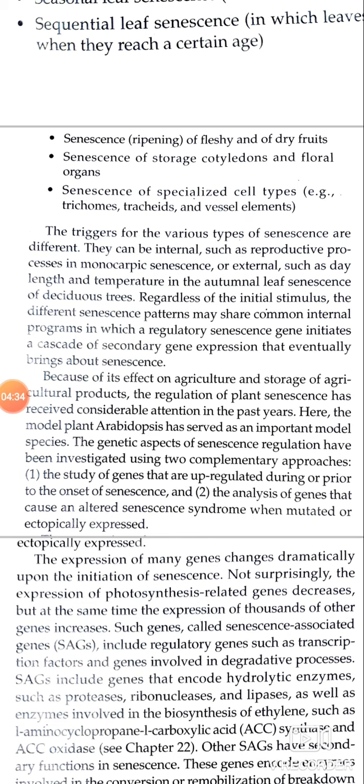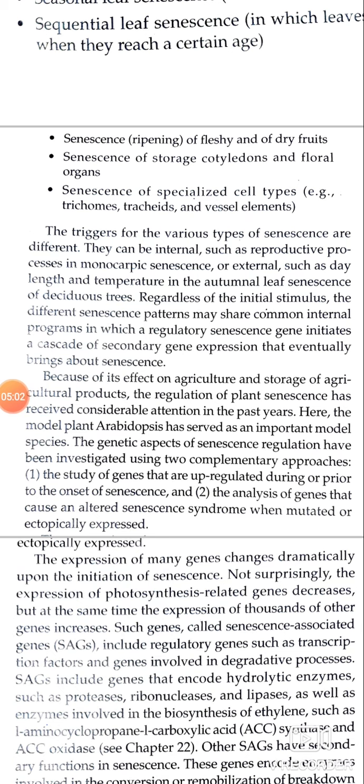First is the study of genes that are upregulated during or prior to the onset of senescence, and the second is the analysis of genes that cause an altered senescence syndrome when mutated or ectopically expressed.